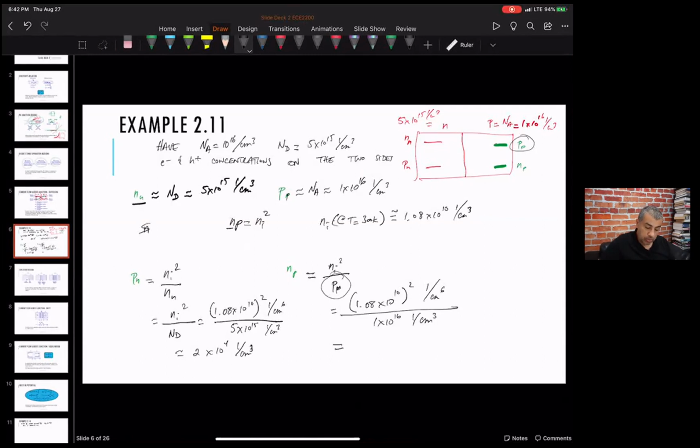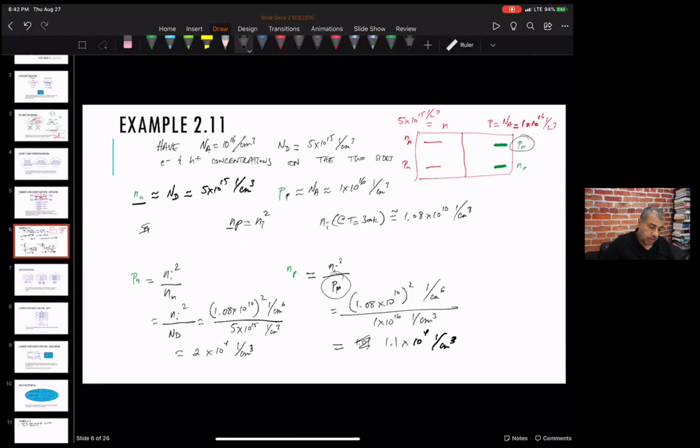That is equal to, nope, the book says 1.1 times 10 to the 4th per centimeter cubed. Okay, so anyway, that's the example.